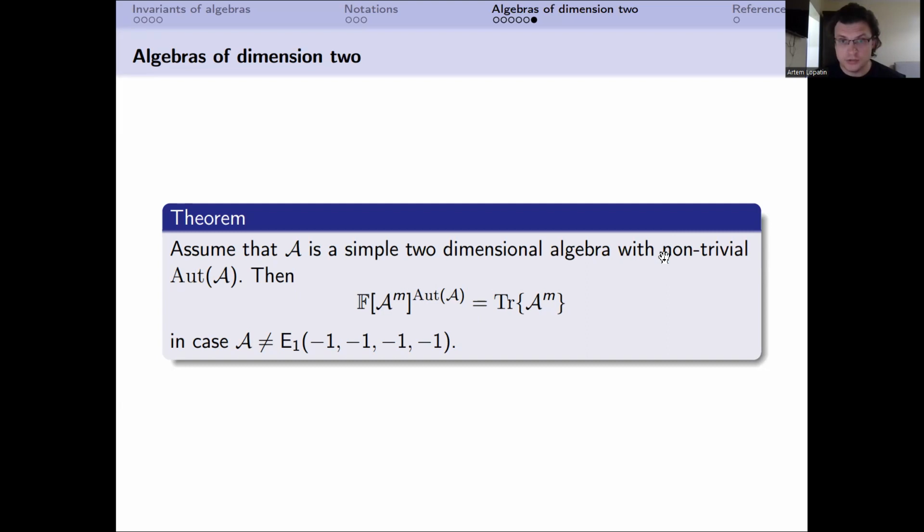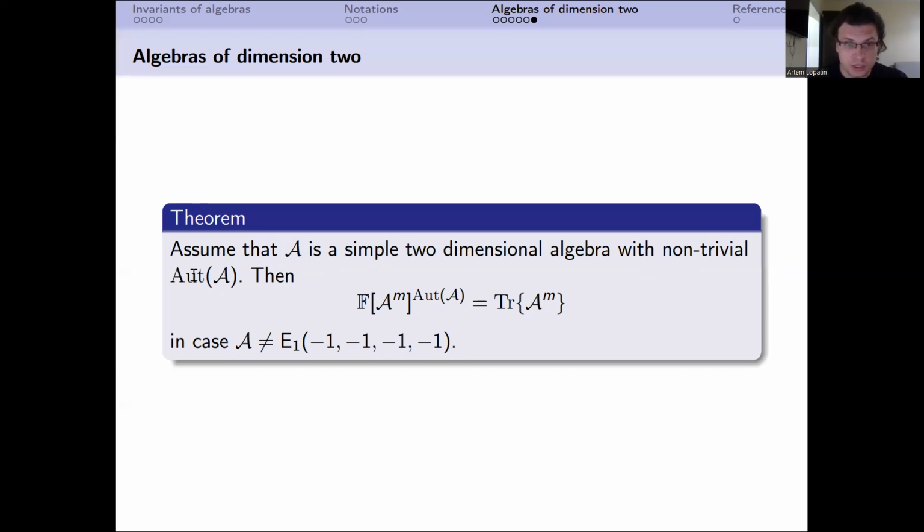Of course, this restriction that the group of automorphisms is non-trivial is important, as I said before. First of all, in case the group of automorphisms is trivial, the algebra of invariants is of course just the whole coordinate ring, and we probably do not really want to know whether it is generated by traces or not, because it's just a ring of polynomials, and that's it. That is why we don't consider it. And of course, Vladimir Popov has an explicit counterexample to the Artin conjecture in case the group of automorphisms is trivial, so we don't consider this case here.